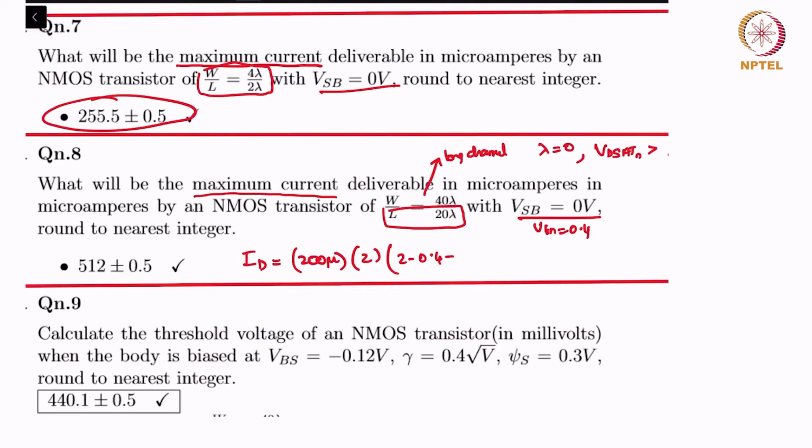So VGS minus VT is the Vmin, which means this is in the saturation region. So that's now 1.6 minus Vmin divided by 2, times 1.6.